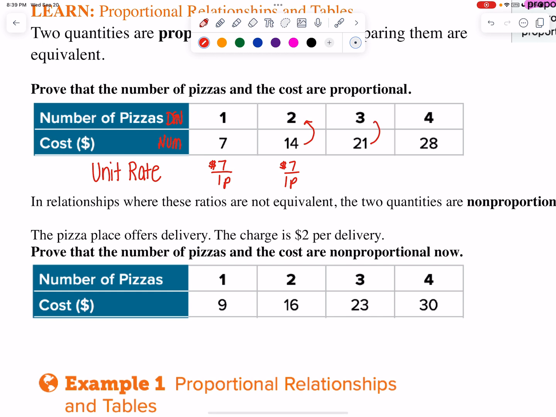And guess what? 21 divided by 3 is $7 per one pizza, and 28 divided by 4 is still $7 per one pizza. So this tells us that this table is proportional because they all have the same unit rate. Really, that's that same strategy as dividing to check for proportionality. We just wrote it as a unit rate instead.